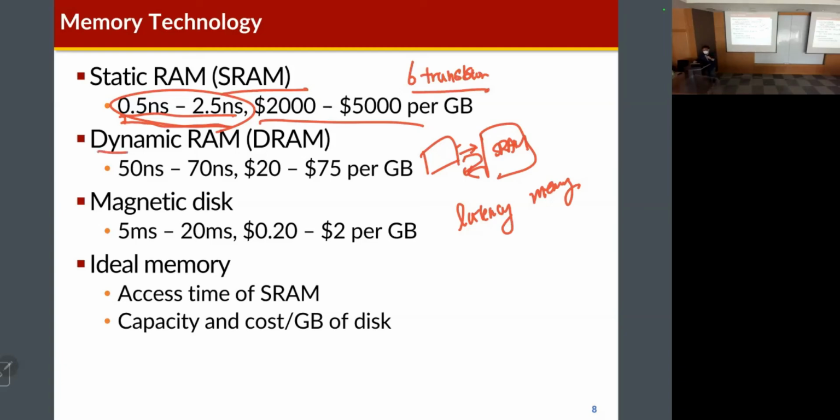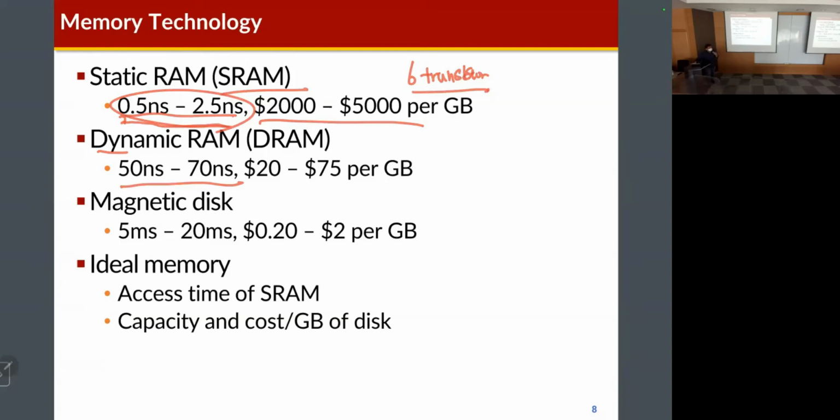And how about the DRAM? DRAM is called the dynamic RAM, and the latency of the DRAM is about tens of nanoseconds. It's about 10 times or more slower than the SRAM. But the cost of the DRAM is much lower than the SRAM.